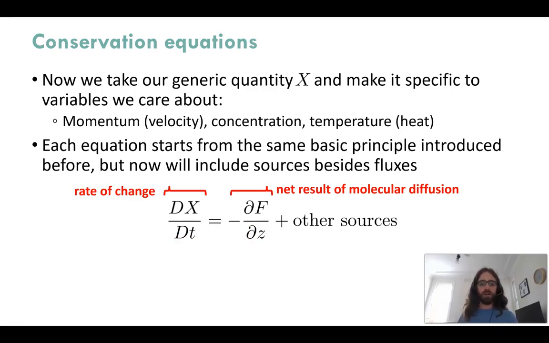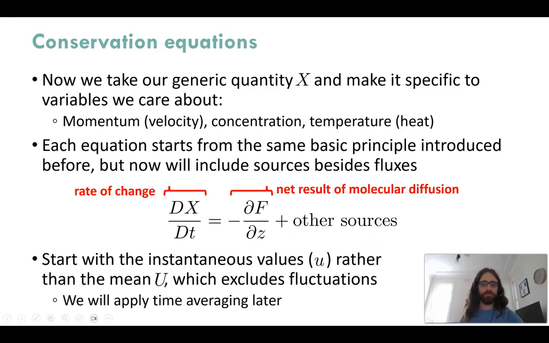We also saw later on how we can actually define this flux based on molecular diffusion processes. However, what we're going to add now is definition of other terms that are independent of the fluxes we introduced before.